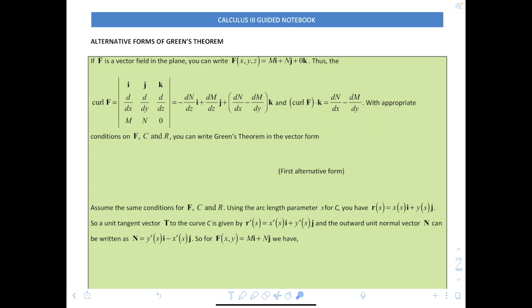So basically, if you've got the appropriate conditions on your vector field, your simple curve and your region R, you can write Green's theorem in the vector form.